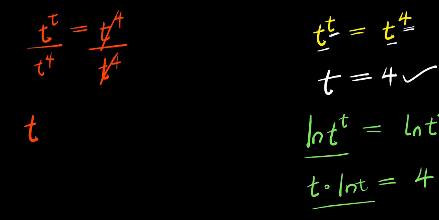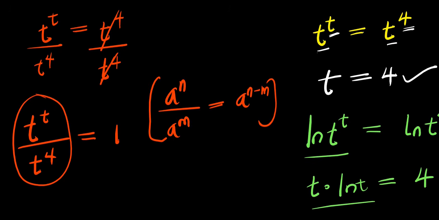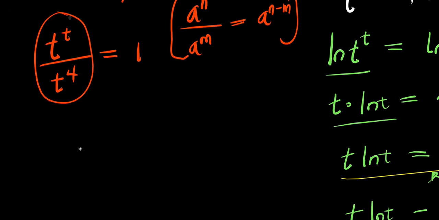I'll have t to the power of t divided by t to the power of 4 equals 1. Now, if you have a to the power of n divided by a to the power of m equals a power n minus m, I apply the same here. I will simply have t power t minus 4 equals 1.